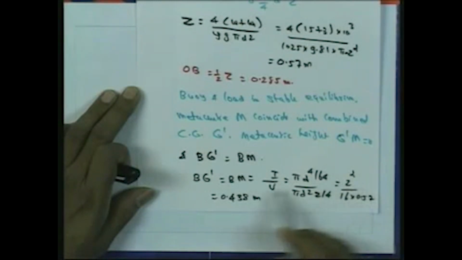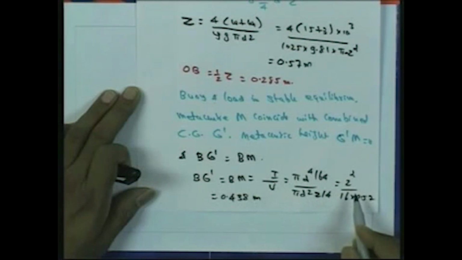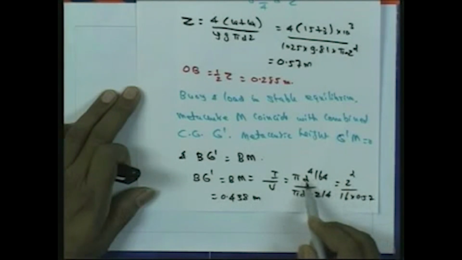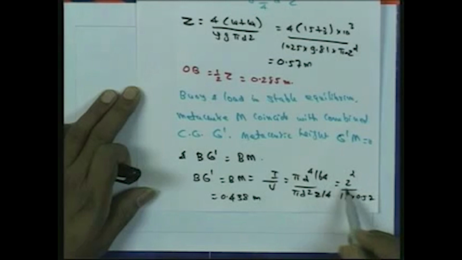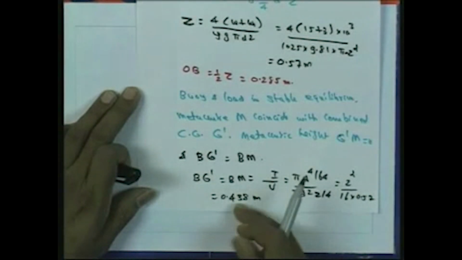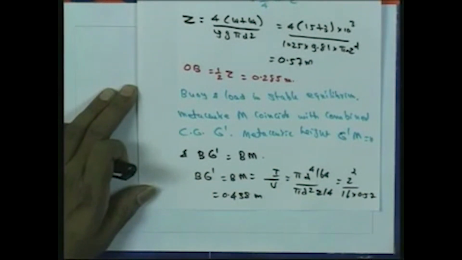So finally, we get Bg dash is equal to Bm is equal to d square divided by 16 Z. d is 2, so 2 square divided by 16 into 0.57, which is the Z which you determined.